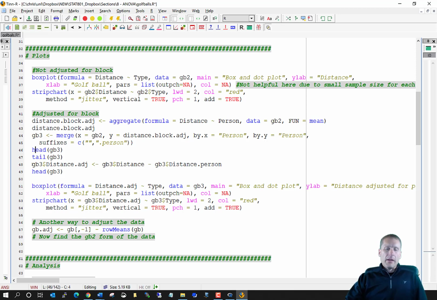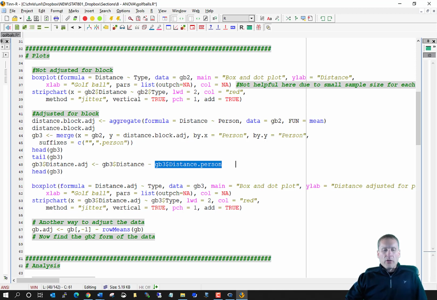Okay, so now what I'd like to do is adjust each of these distances by the overall mean for the particular person who's hitting the golf ball. In essence, this is going to allow me to take golfer ability out of the plots that we're going to eventually look at.